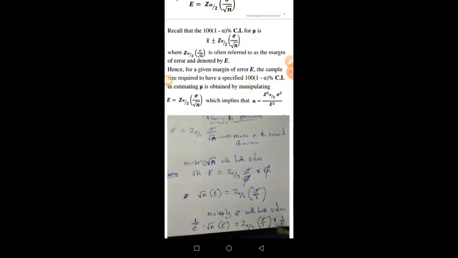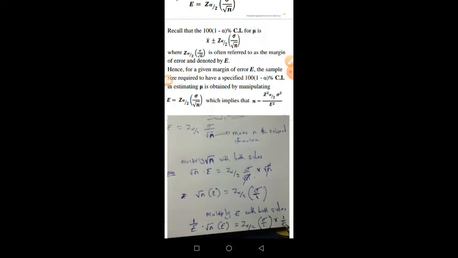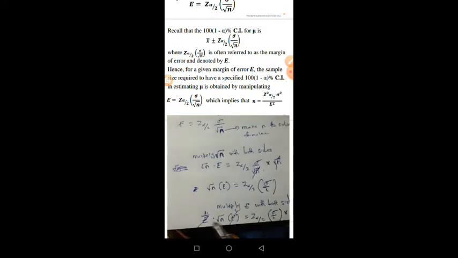Before we go to the next step, this times this, and this times this. That's what we're going to do. But for this e, e cancels e. You understand now? E has been eliminated from the left side.